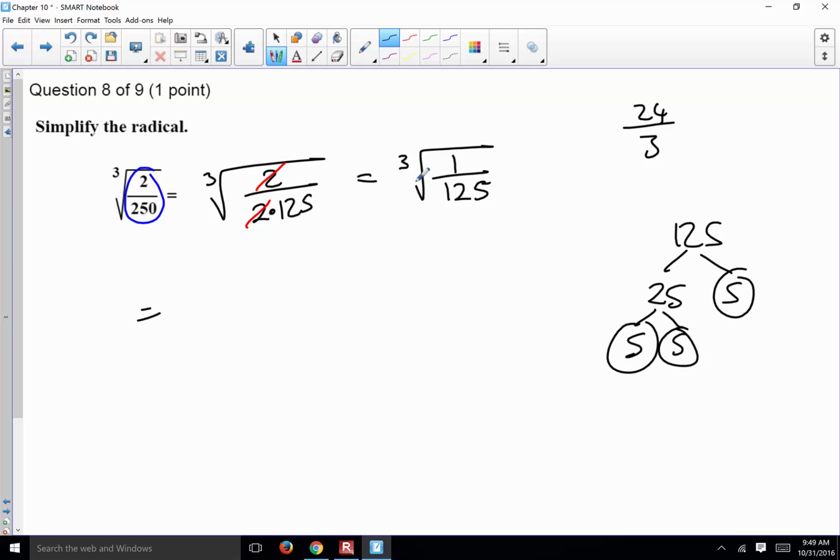So this thing is actually the cube root of 1 over 5 cubed. Now the same rules as earlier apply. This has 3, the guard wants 3. You divide these and save this 5, the prisoner, from prison.